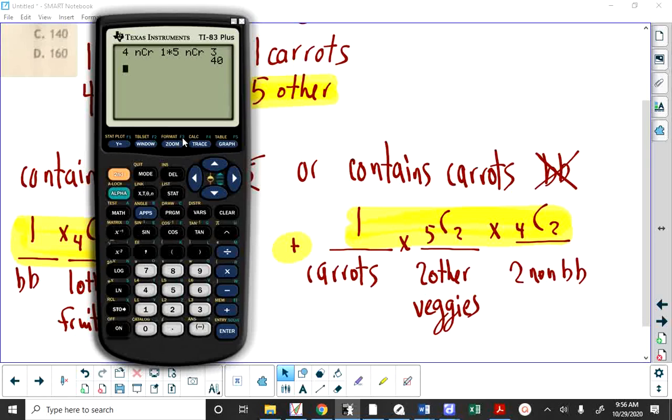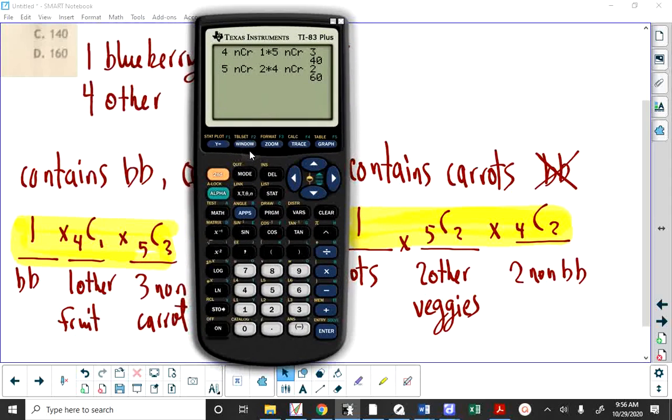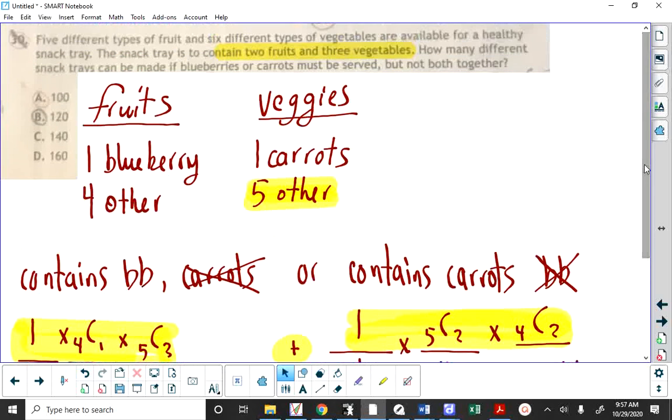That's 1 times 5 choose 2 for the 2 non-carrots, or the 2 other vegetables that are not carrots. And we need to multiply by the 2 fruits that are not blueberries, so that's 4 choose 2. And you get 60. So there are 40 trays that have blueberries but not carrots. There are 60 trays that have carrots but not blueberries. So if we look at our choices, 40 plus 60 is 100. I'm pretty sure the answer is 100.